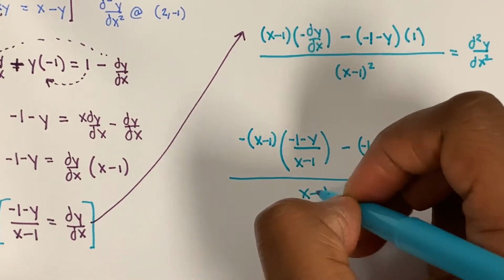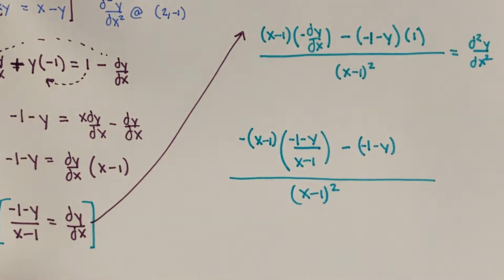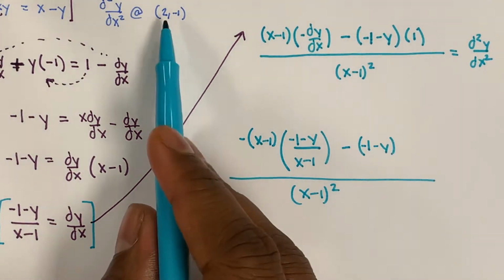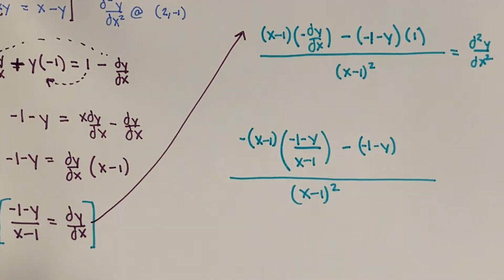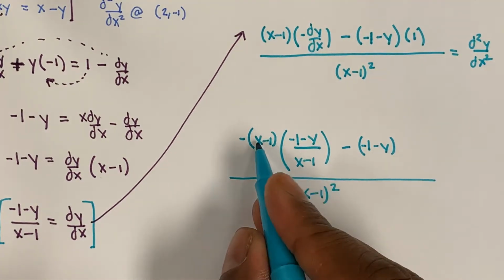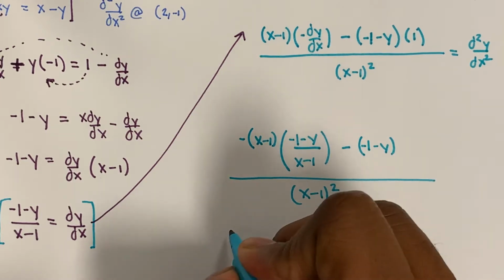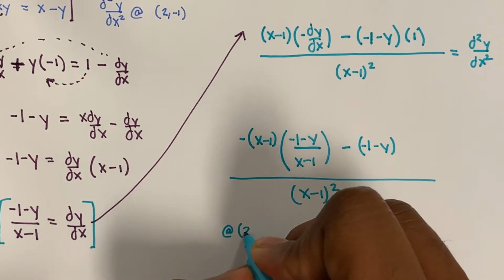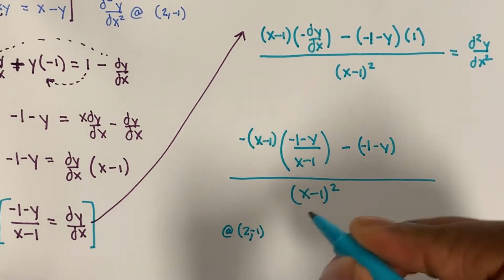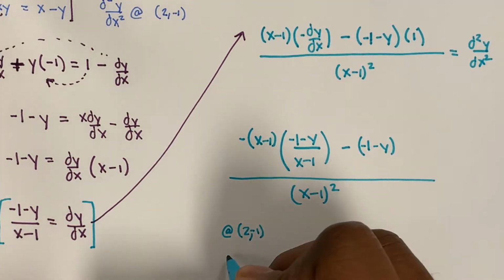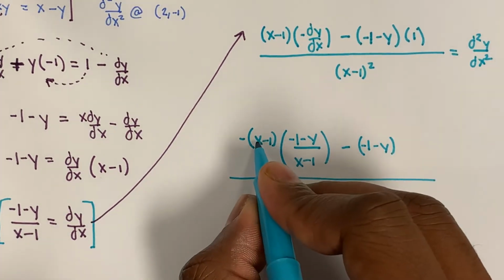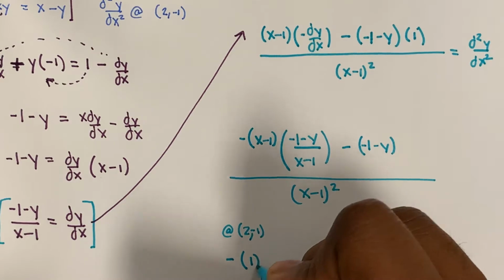x minus 1 squared. And since we're evaluating this at 2, -1, it's easy enough to substitute in 2 and -1 for x and y. And in doing so, we'll just put at 2, -1. So we would get a negative times, since x is 2, 2 minus 1 is just going to be 1.